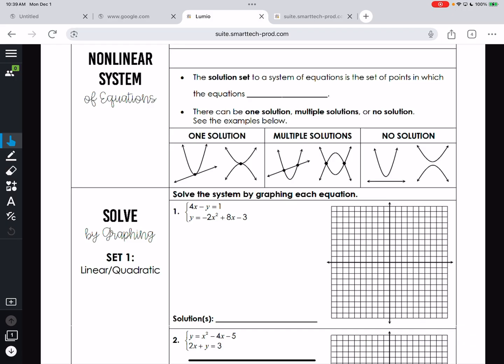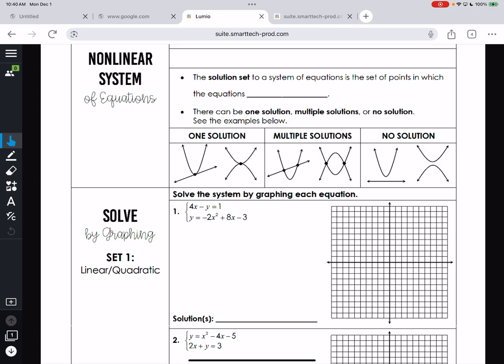Trip, do you have this? Okay, here we go. All right, we're looking still at non-linear systems of equations. Non-linear doesn't mean they're not equal to, but it means it's not just a line. So we're going to have parabolas involved. Remember systems of equations where we could do elimination, substitution, or graphing?